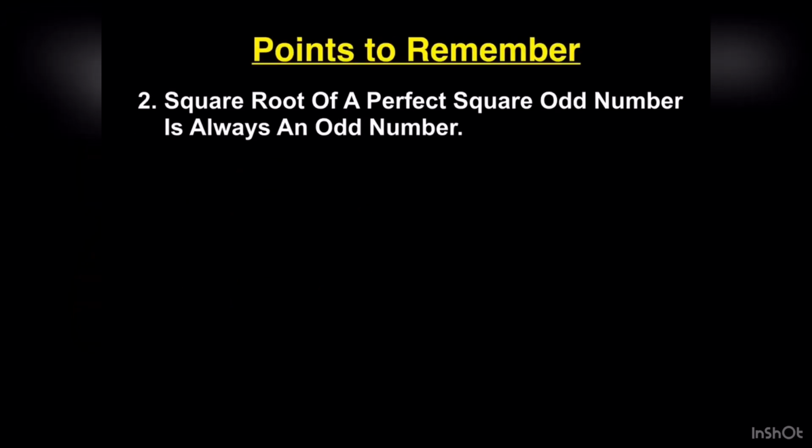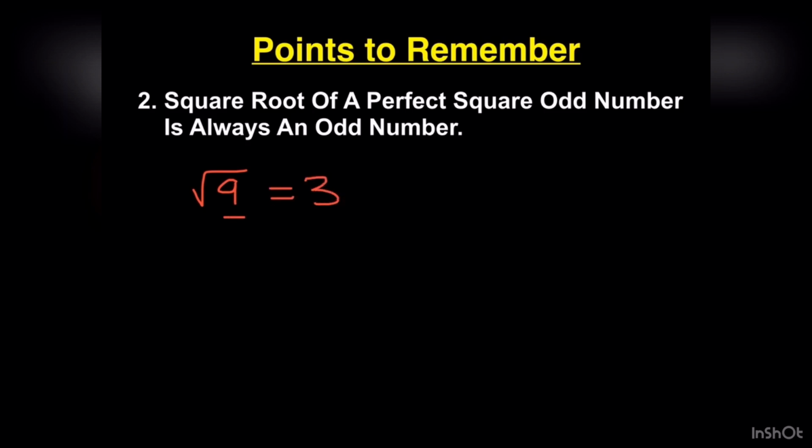Second point, square root of a perfect square odd number is always an odd number. To understand this point, let us see few examples. Square root of 9, which is 3.